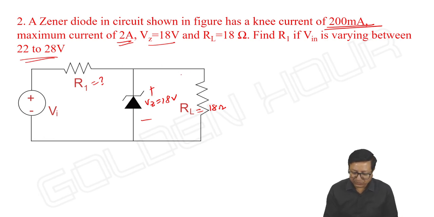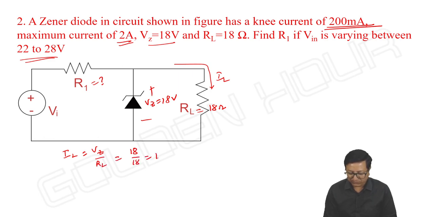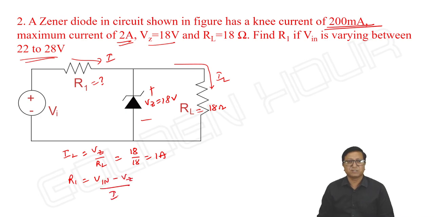As usual, what I am doing is, first I am calculating IL. IL is equal to Vz by RL. So 18 by 18, it is 1 ampere. Right. So how to write R1? We can take I is equal to Iz plus IL, and R1 is equal to V input minus Vz by I, the general equation.